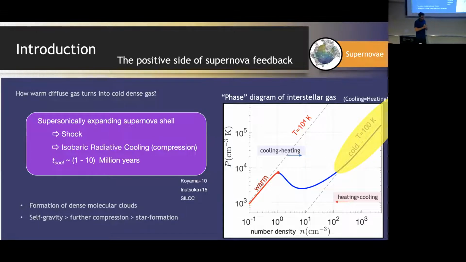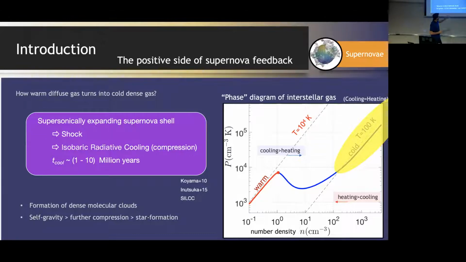The idea is that as the supernova remnants expand at first, the interior is very hot and destroys molecular gas and cold gas. As you wait longer and longer, the velocity drops and becomes smaller and smaller. It's still supersonic, but only mildly supersonic, maybe Mach numbers of 2 to 5.